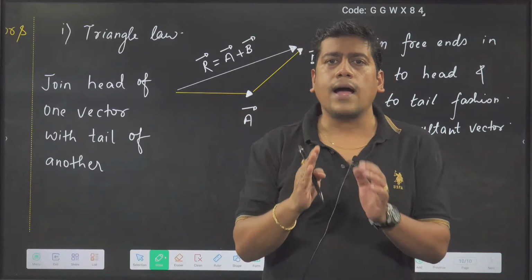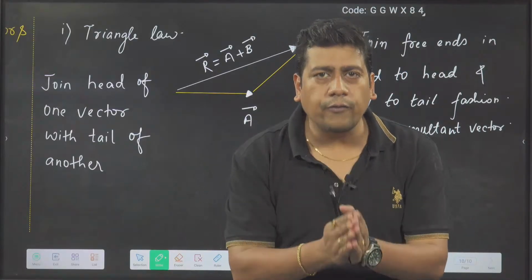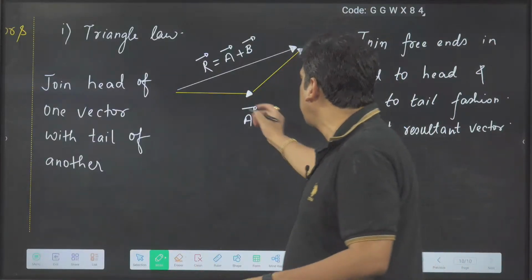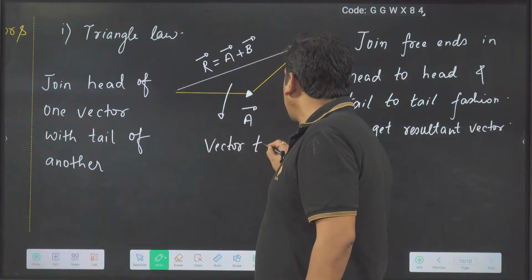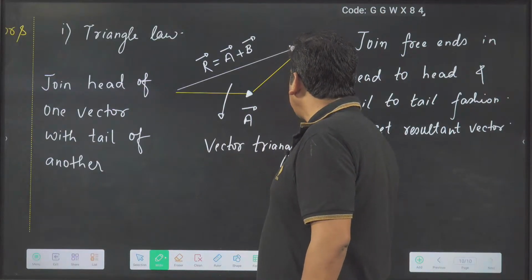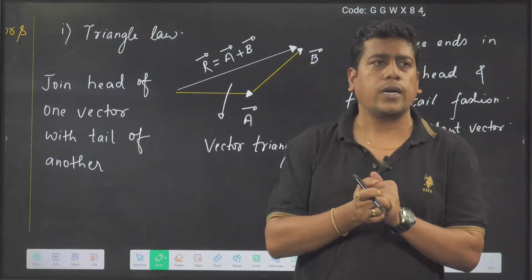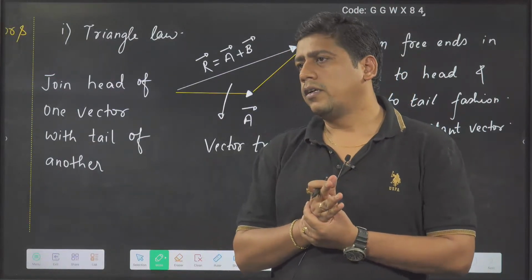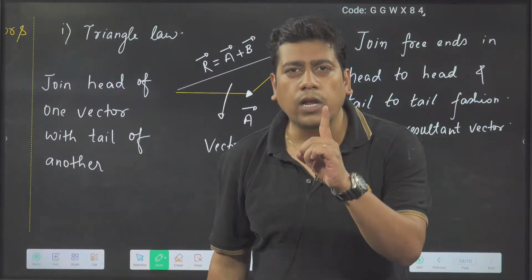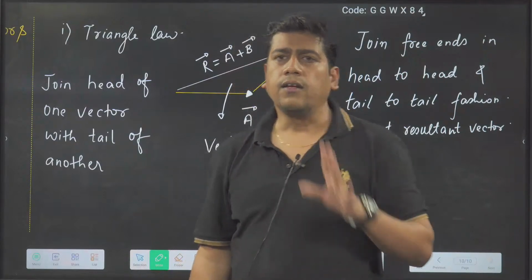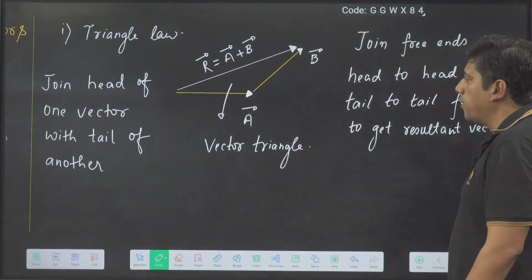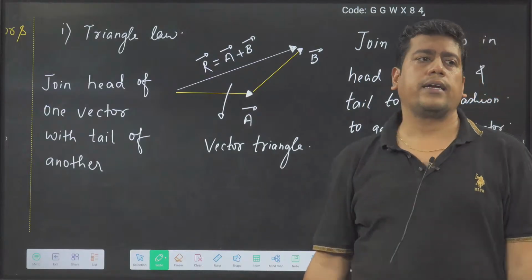What do we call this triangle? We call it a vector triangle. Only one vector in a vector triangle will be joined head to head and tail to tail. That vector will be our resultant vector.